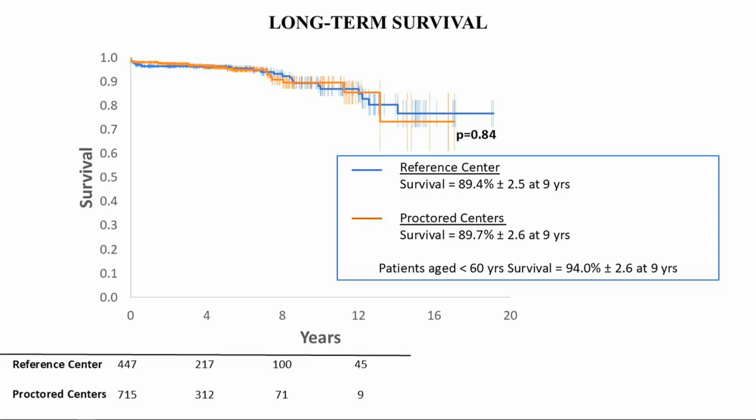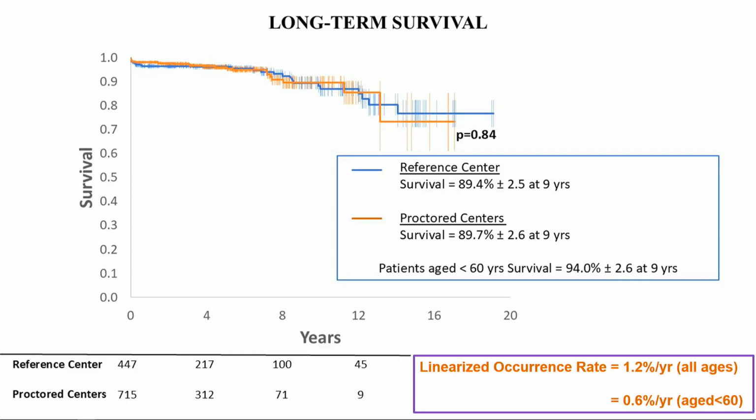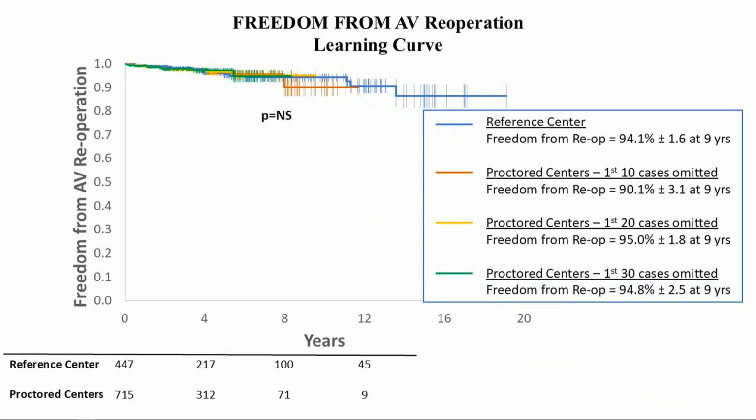For long-term survival, there was no difference, with 99% at 9 years, and a linearized rate for all ages of 1.2% death, and below the age of 60, 0.6%.